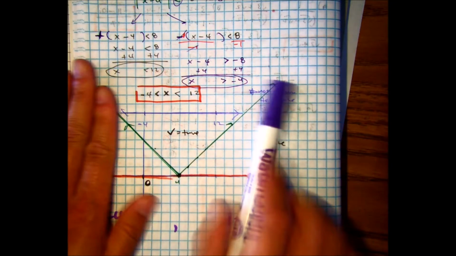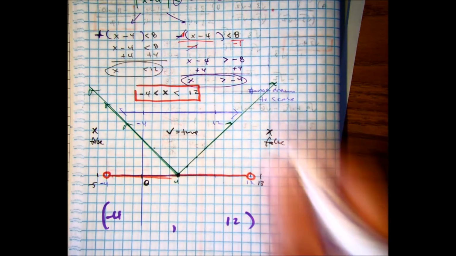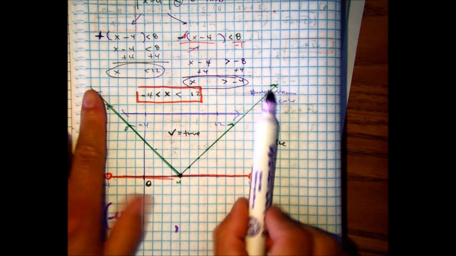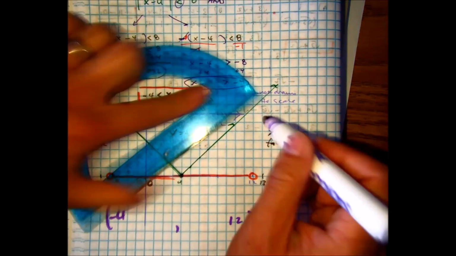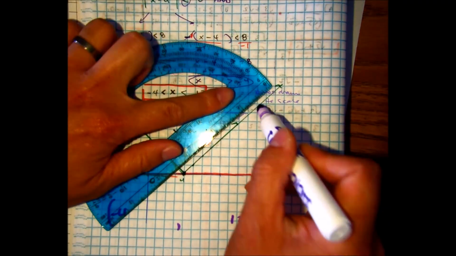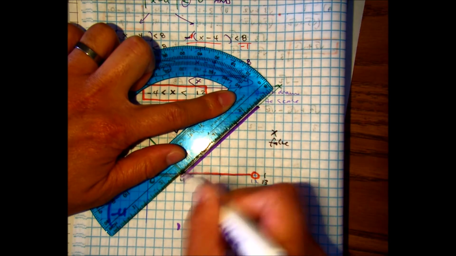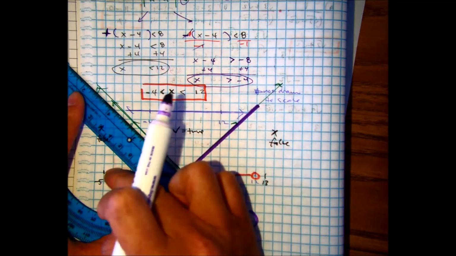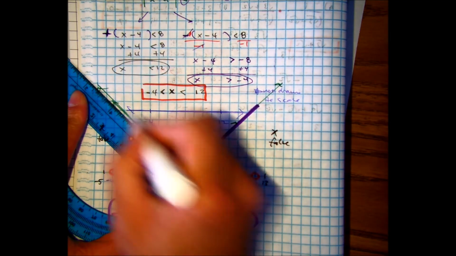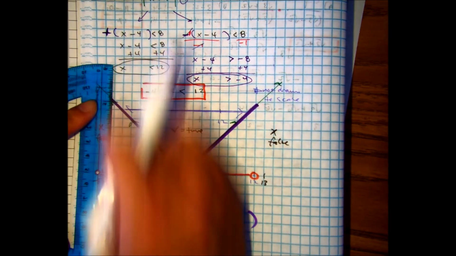My solutions are inside here. So if my graph, watch, this is new, okay? My solutions are up to that point now, in purple. And I'm going to go up to -4. There's that boundary. You guys see that?